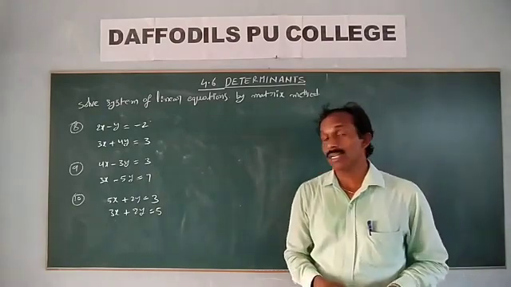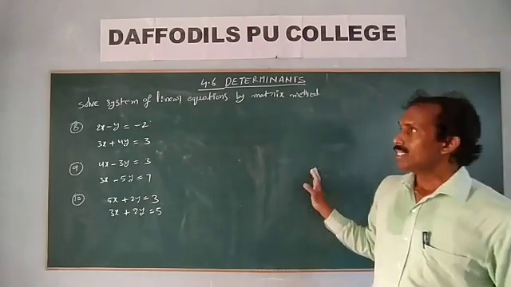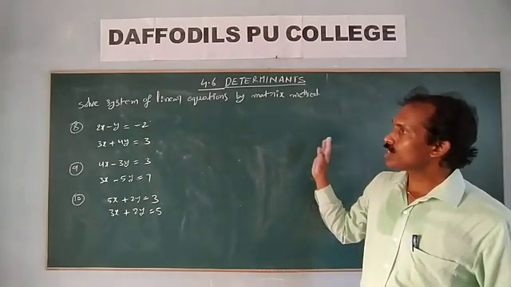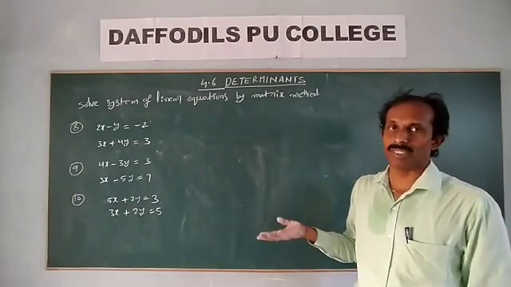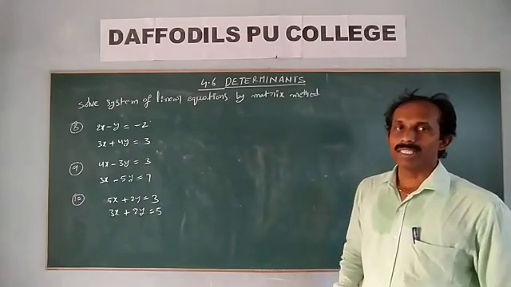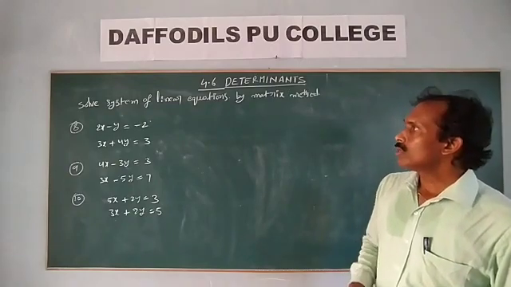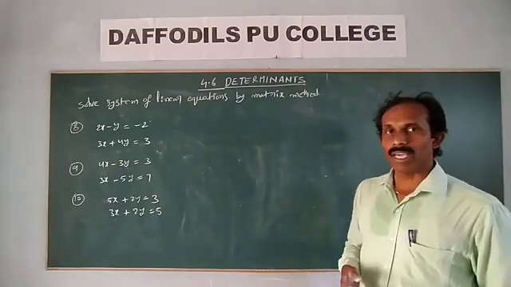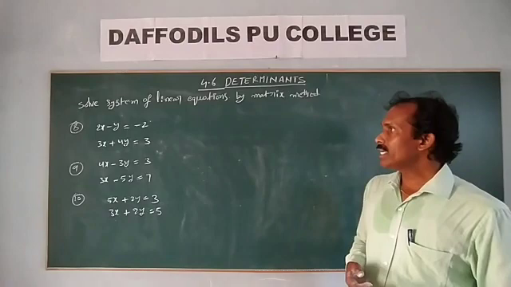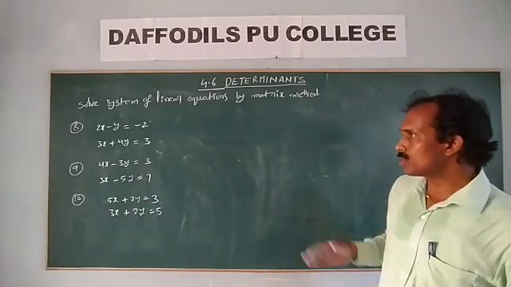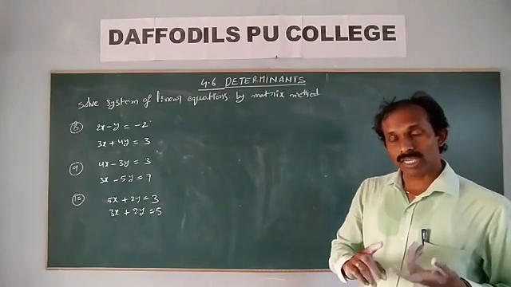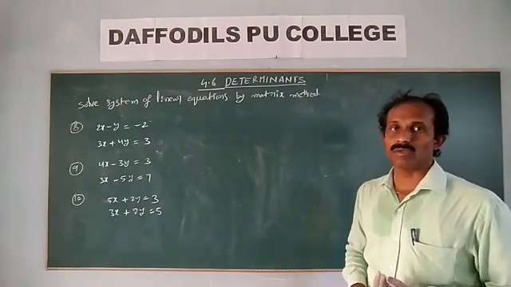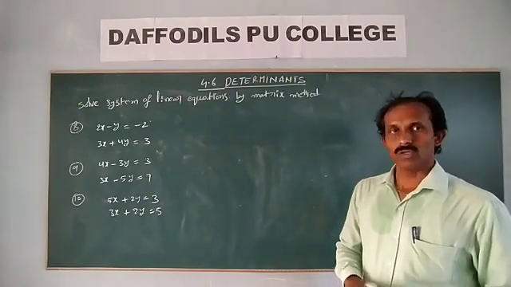How to check consistent and inconsistent? Case 1: it is a non-singular matrix, meaning delta not equal to 0 for the given system of equations. Then it has a solution, found by X is equal to A inverse into B. It has a unique solution. Unique means, as in the previous problem, x is equal to 2 only and y is equal to minus 3 only. That is a unique solution.